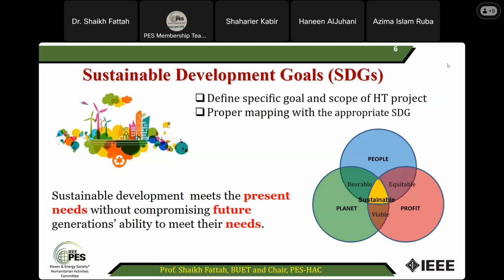But to achieve your need, you have to be very considerate and very careful. You cannot destroy or create obstacles for other people's needs. That's the main idea of sustainable development: meets the present needs without compromising future generations' ability to meet their needs.